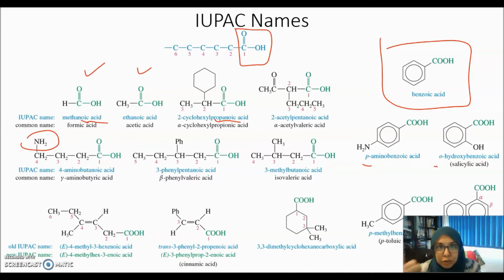If you go back to my previous talk, ortho means the substituent will sit next to the functional group. Para means the substituent will sit in front of it, opposite of the functional group. But not only that, carboxylic acid may also contain other functional groups such as alkene.